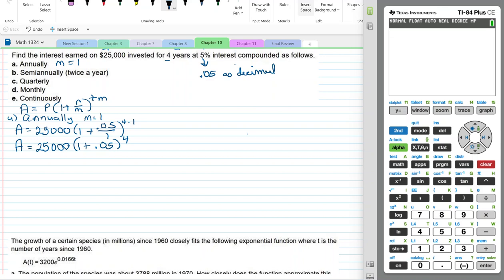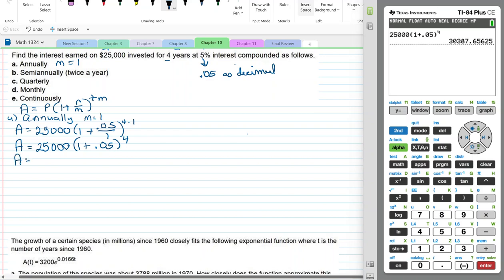So here we go. 25, 1, 2, 3, parenthesis, 1 plus 0.05, close parenthesis, up caret 4. Our future value is 30,387.66, and we're going to round to 2 decimals.